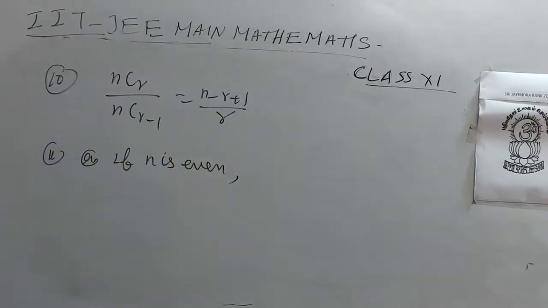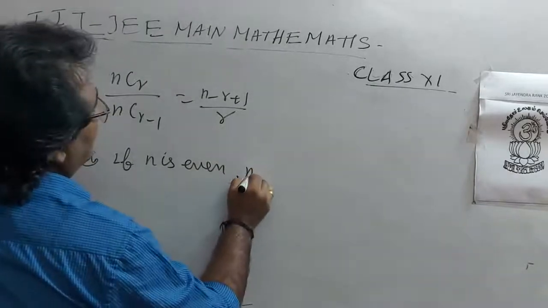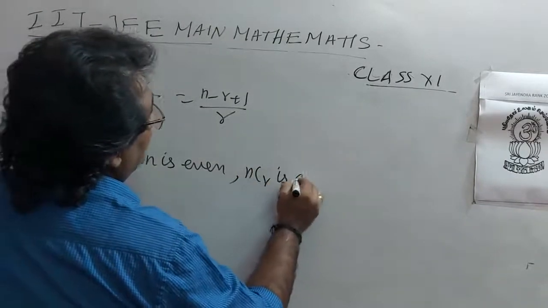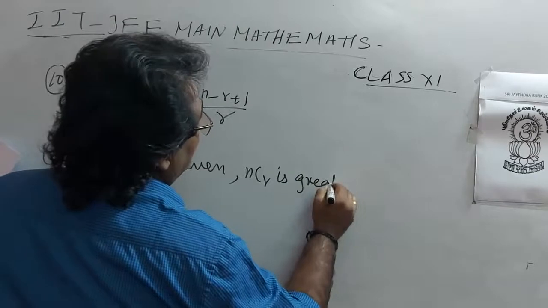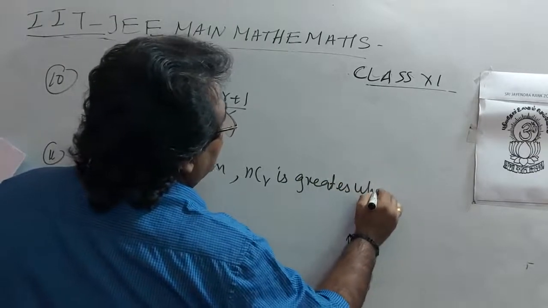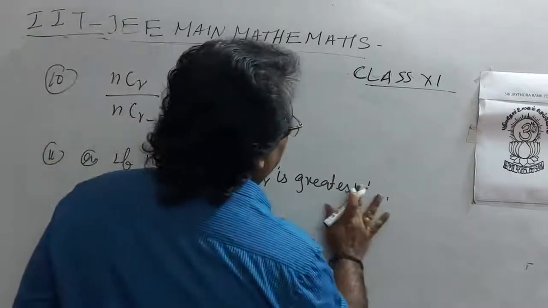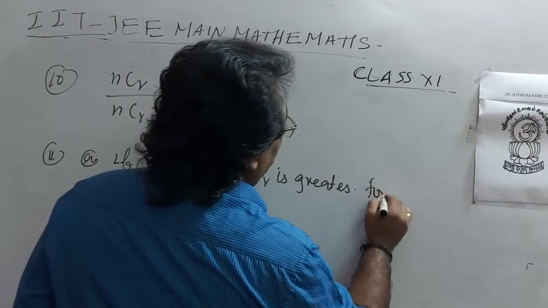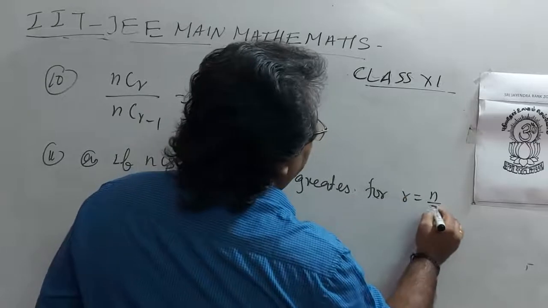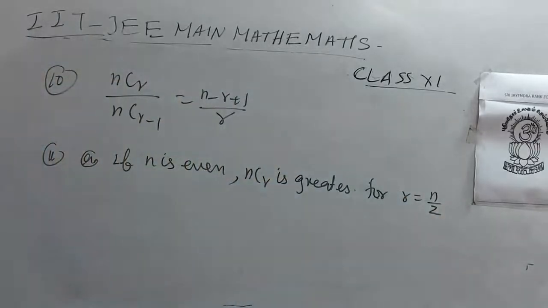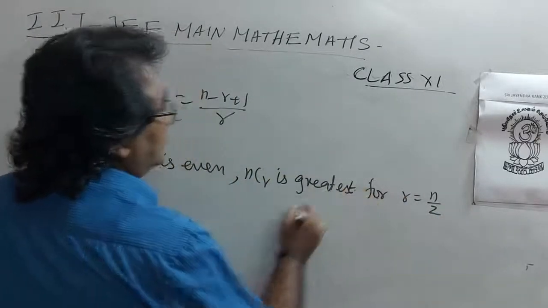If n is even, nCr is greatest for r equals n by 2.